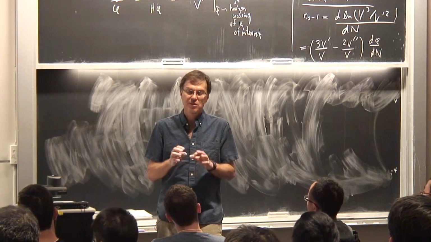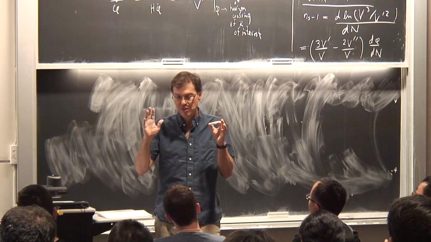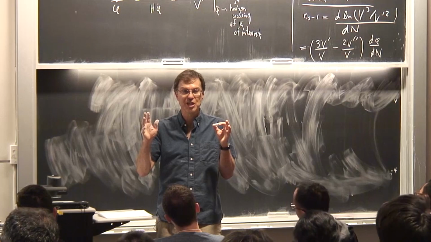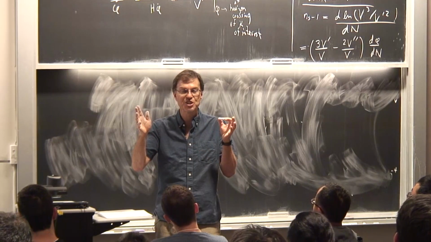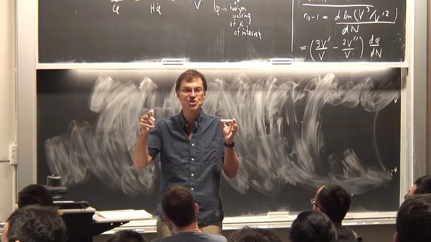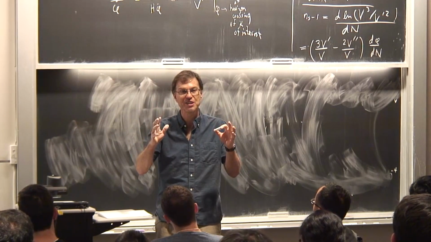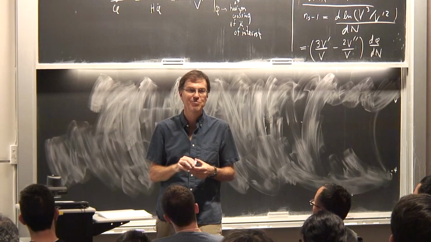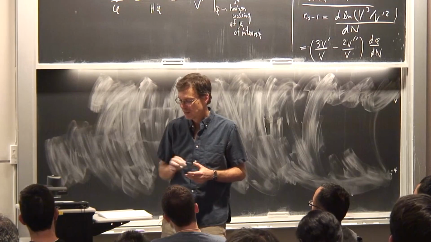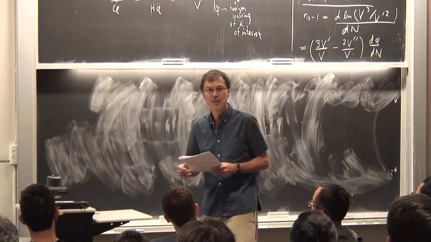But if you just by accident had a little patch, a patch as big as the Hubble scale at the Planck scale, so a patch of size M Planck inverse, that happened to be homogeneous enough, then inflation would start there, and then it would just take over, and you wouldn't care about all the inhomogeneities. So that kind of picture of the origin, I think, gives rise to this.